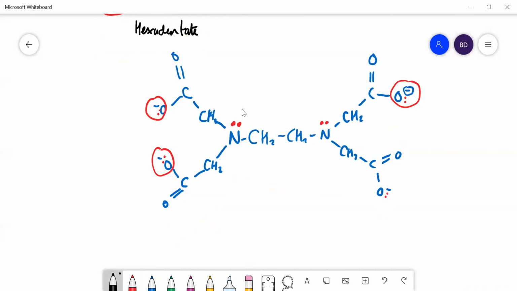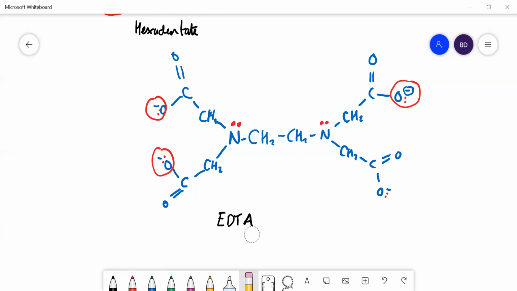Its name is EDTA. I had to actually look it up to remember what EDTA stands for, so don't worry about it. It stands for ethane diamine tetra acetic acid, and acetic acid is the old-fashioned name for ethanoic acid, but don't worry about that.